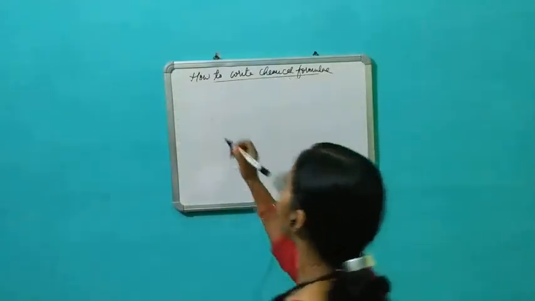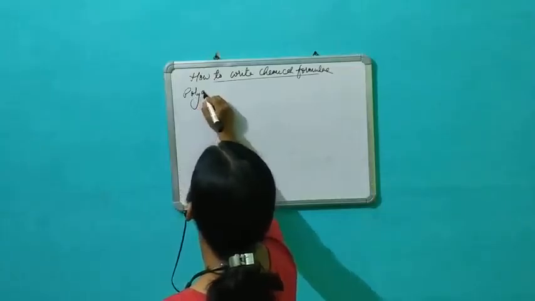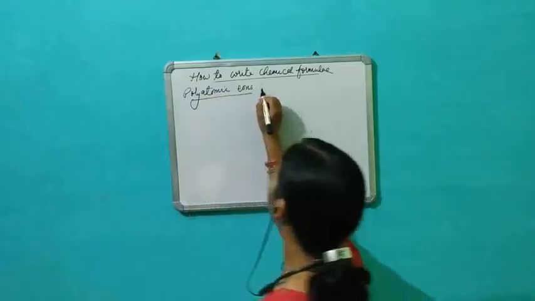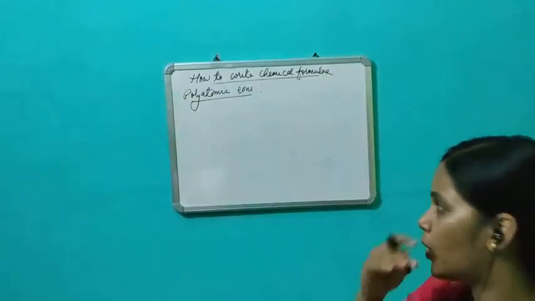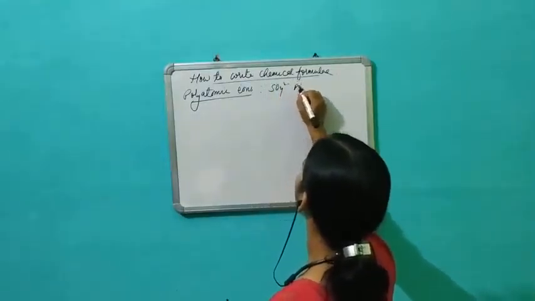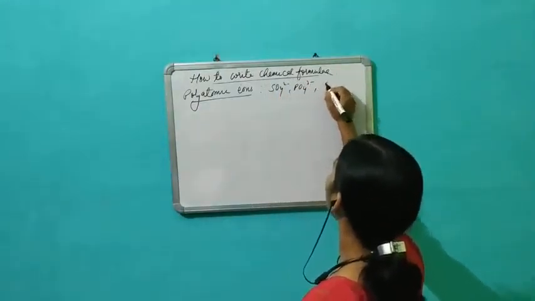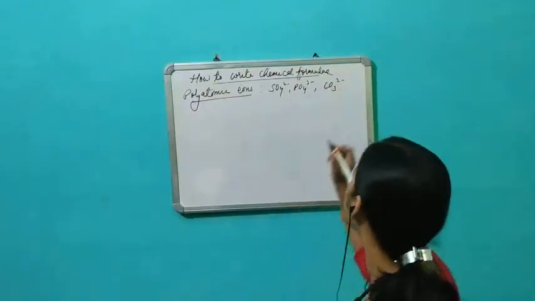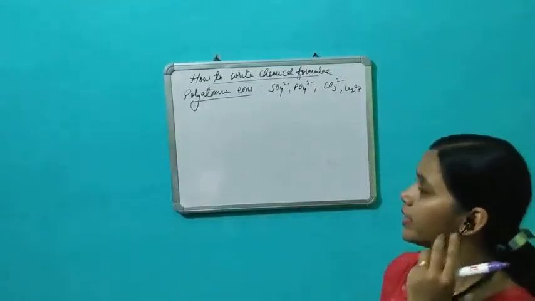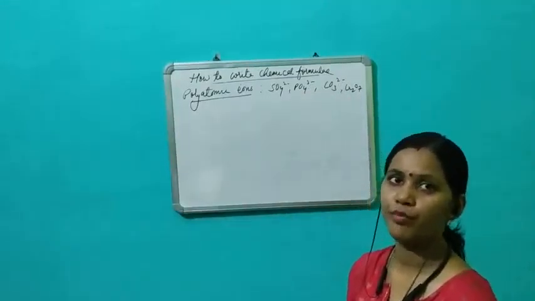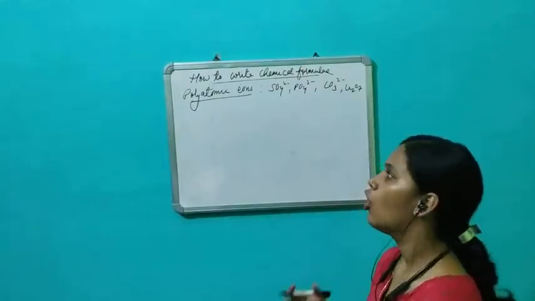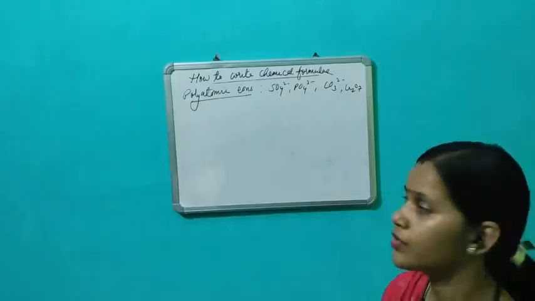So for polyatomic ions, I have told you sulfate SO4 2 minus, phosphate PO4 3 minus, then CO3 2 minus carbonate, dichromate Cr2O7 and so on. If I have to write calcium sulfate, calcium phosphate, aluminium sulfate, aluminium phosphate, how will we write?